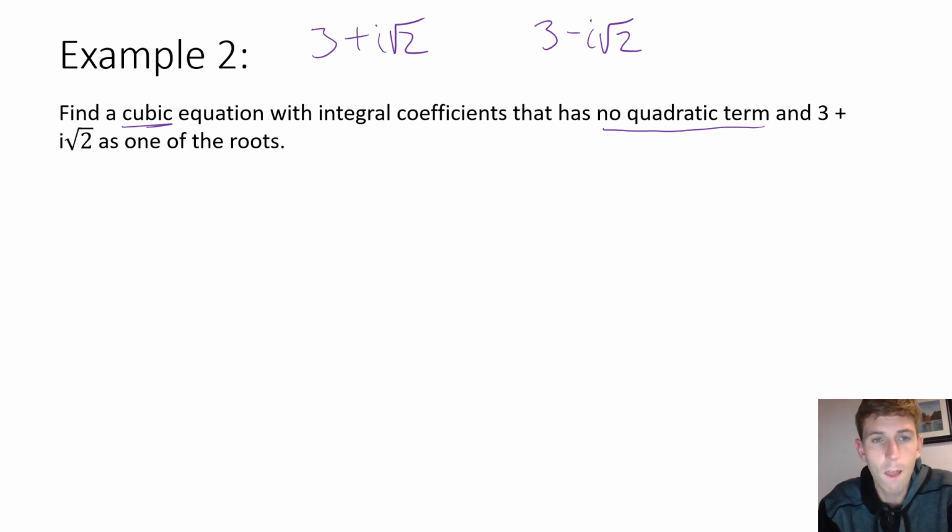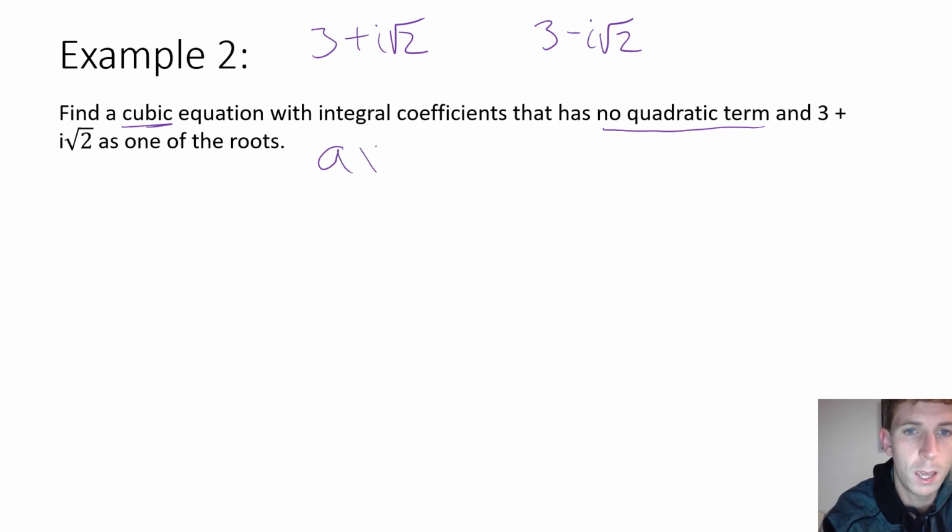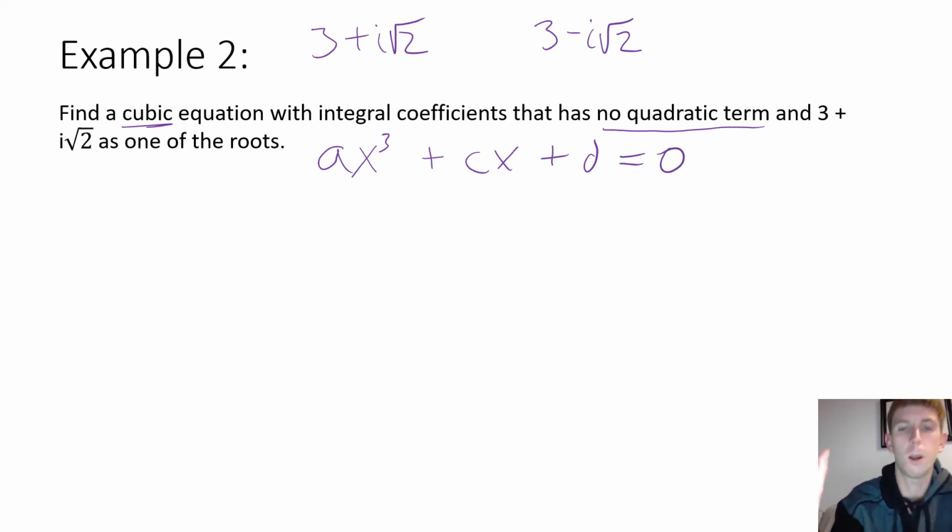So great. And let's also think about the form: with no quadratic term, it's going to be ax cubed, there's no bx squared term, so just plus cx plus d equals 0. So that's the format it's in.